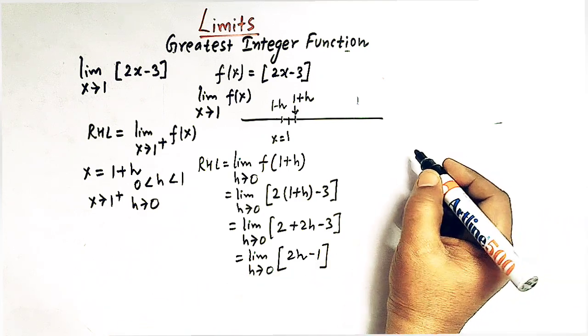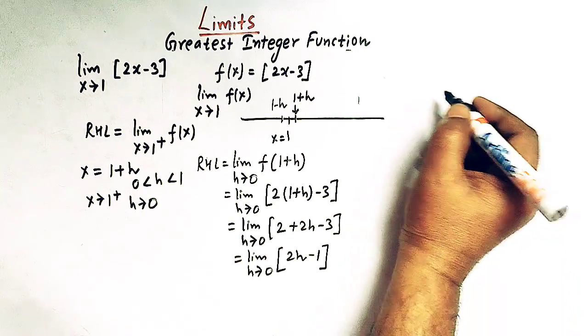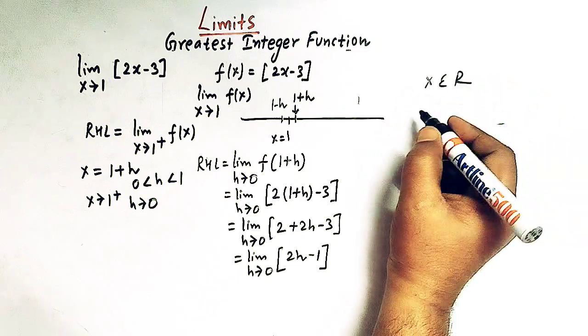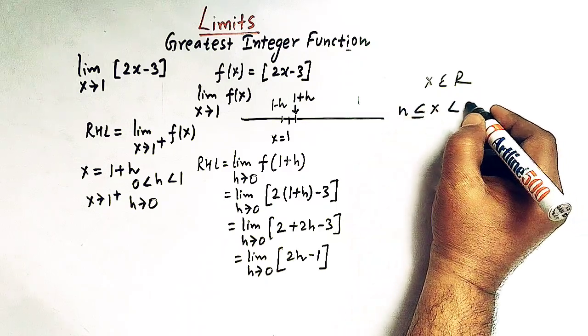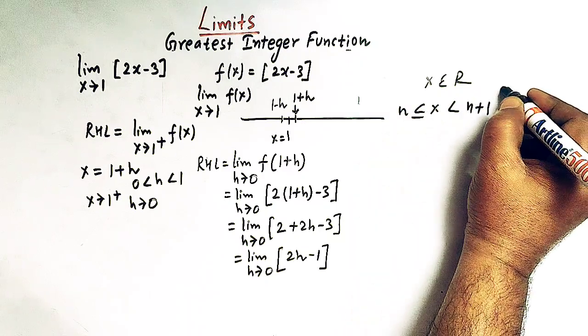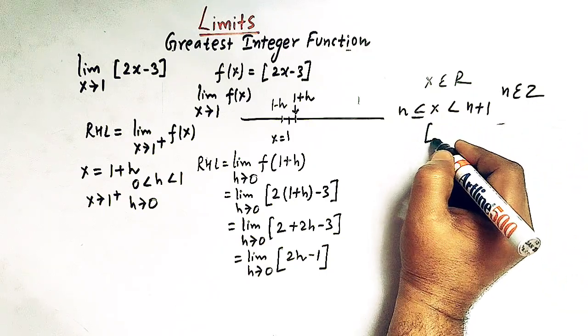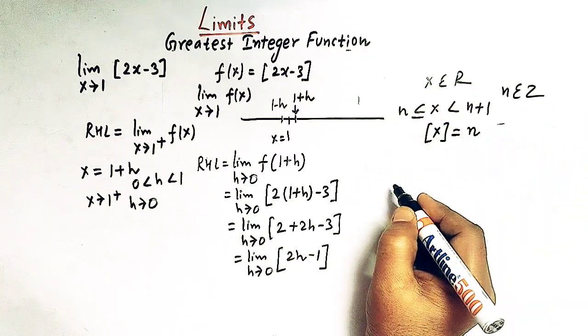Consider a real number x, and if we have x greater than or equal to n but less than n plus 1, where n is some integer, then the greatest integer of x is equal to n.